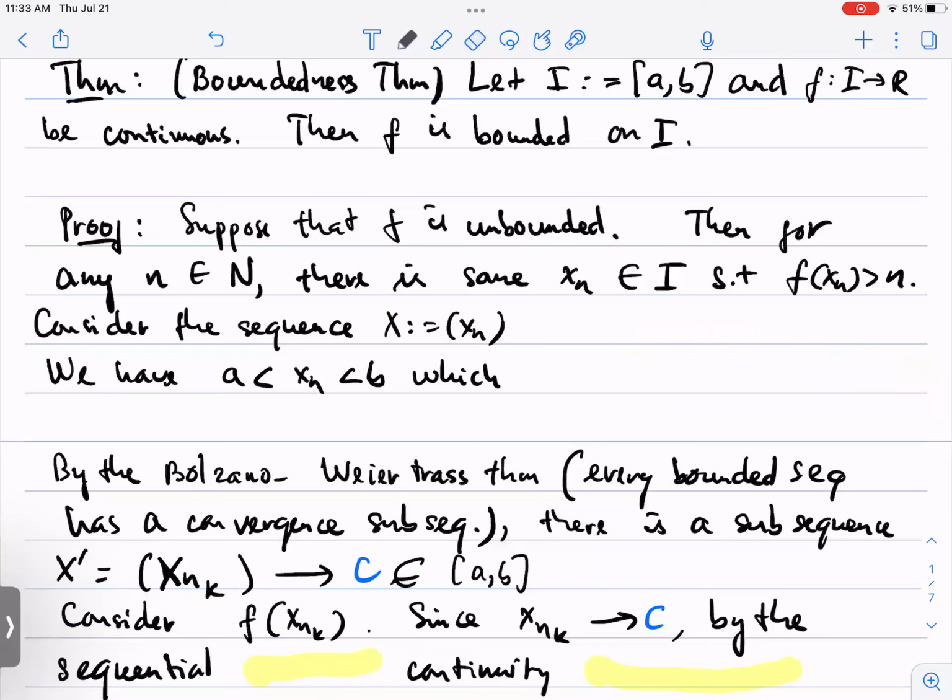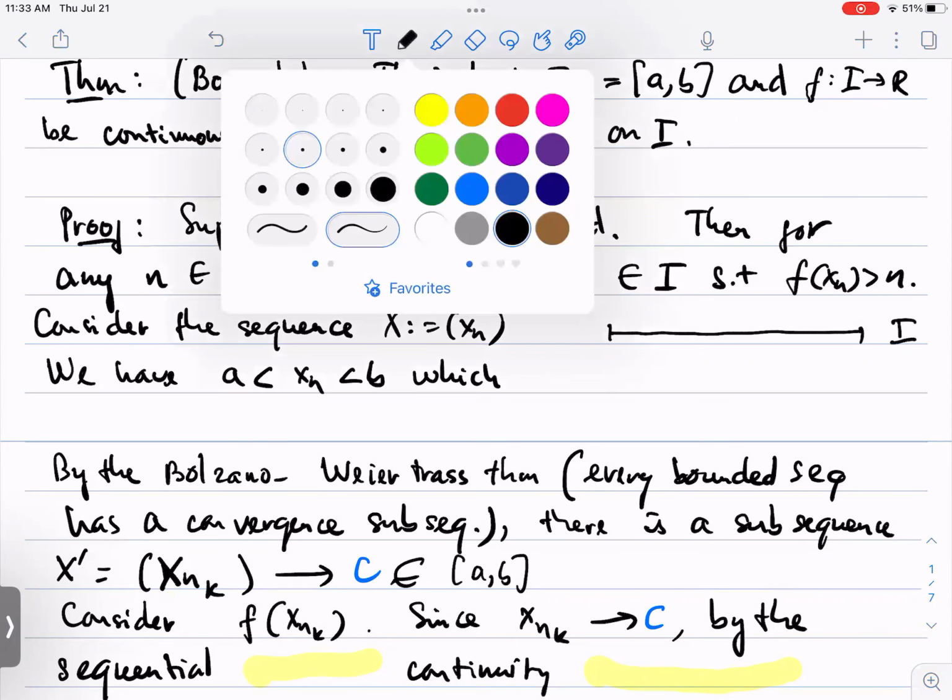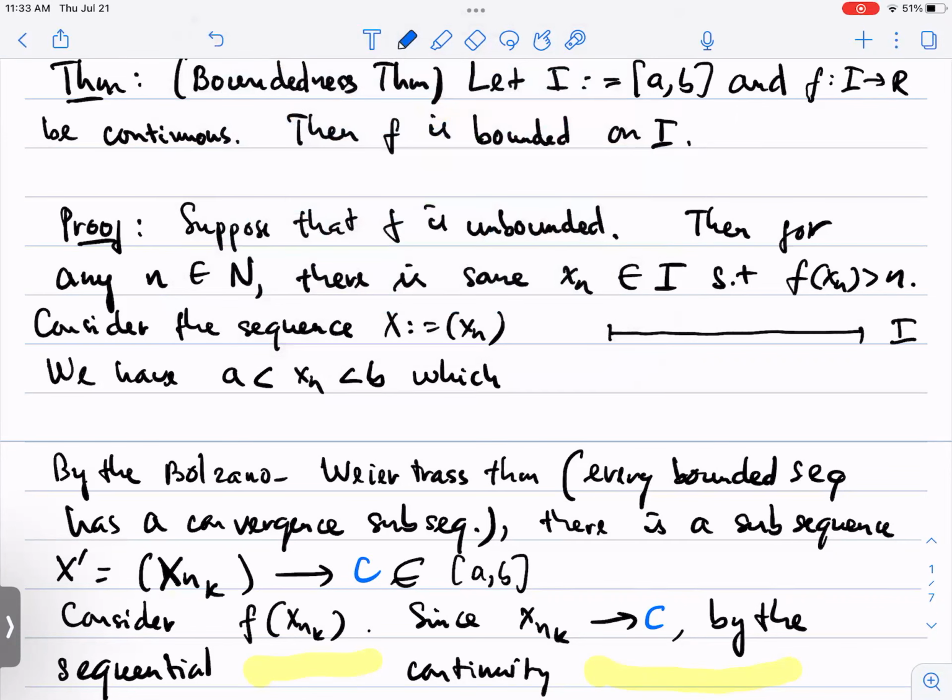The picture looks as follows. Here we have an interval I, and on this interval we can choose these points xn such that f of xn is greater than n. Now we consider the sequence consisting of these xn.